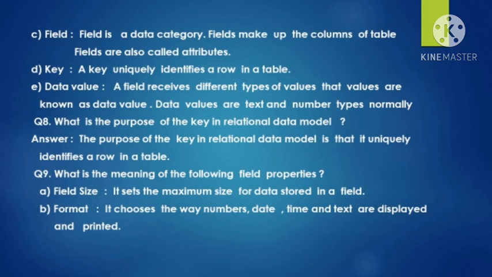What is the meaning of the following field properties? Answer A. Field size. It sets the maximum size for data stored in a field. B. Format. It chooses the way numbers, date, time and text are displayed and printed.